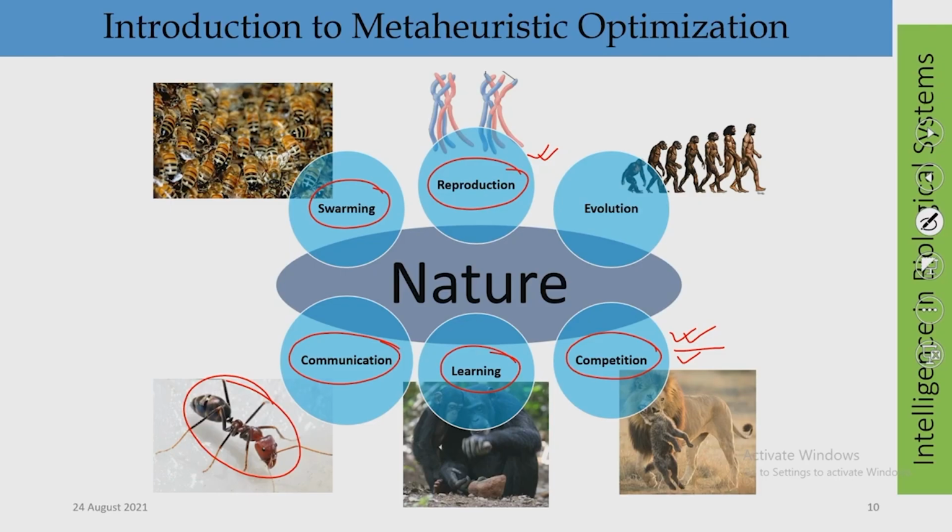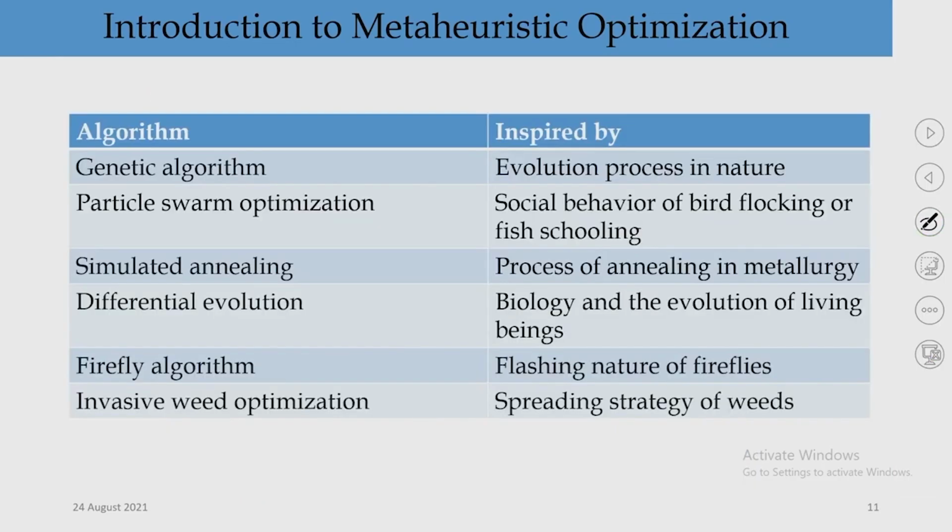We call it meta-heuristic optimization method. I will explain why it is meta-heuristic optimization. They have given different meta-heuristic optimization methods for solving optimization problems. Now, some of the meta-heuristic optimization algorithms are genetic algorithm, inspired by the evolution process in nature.